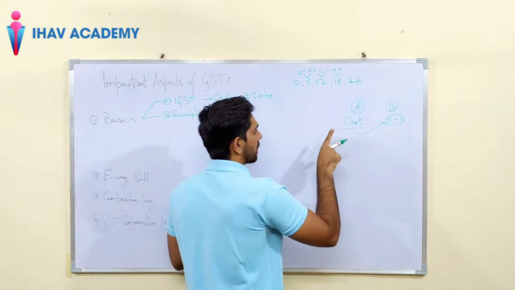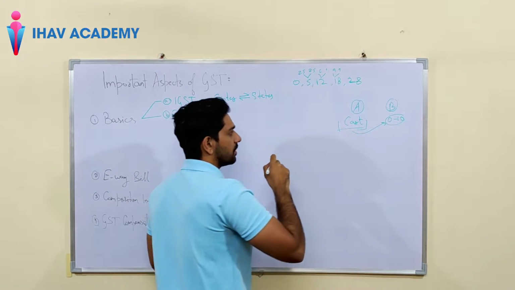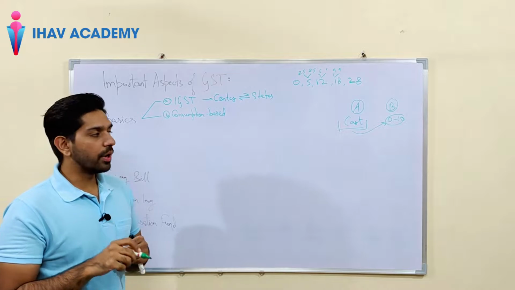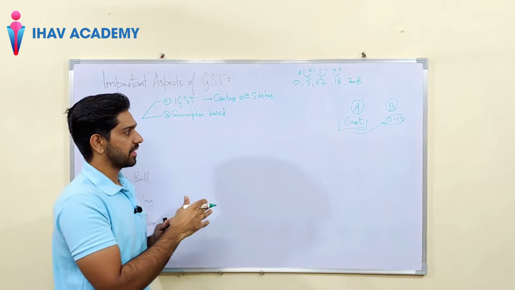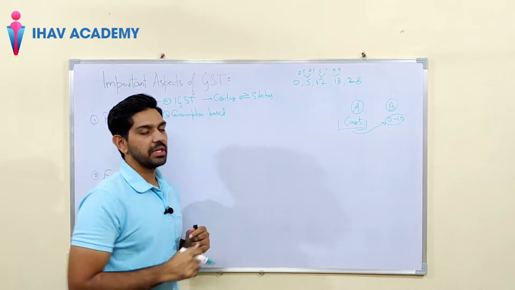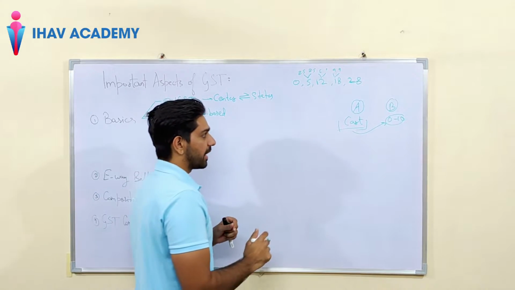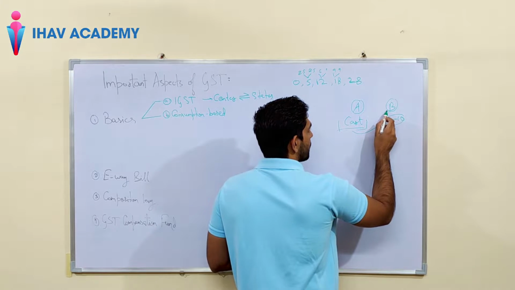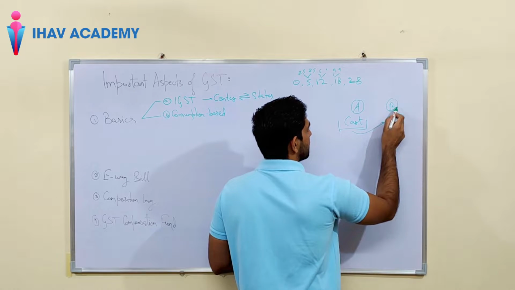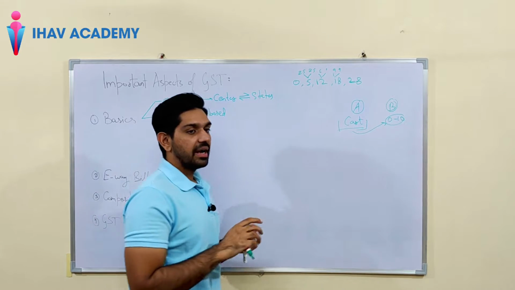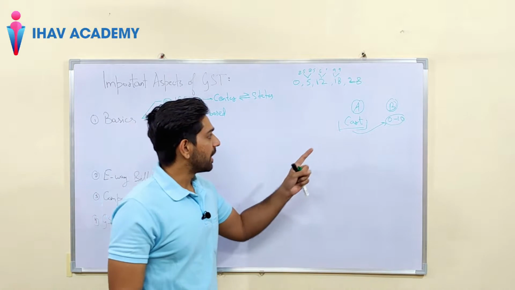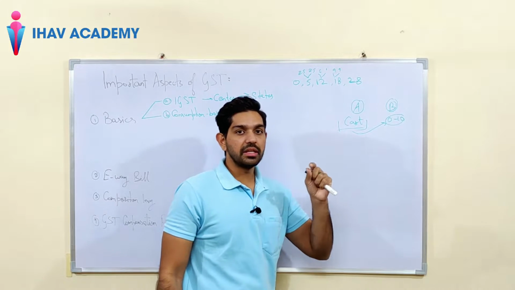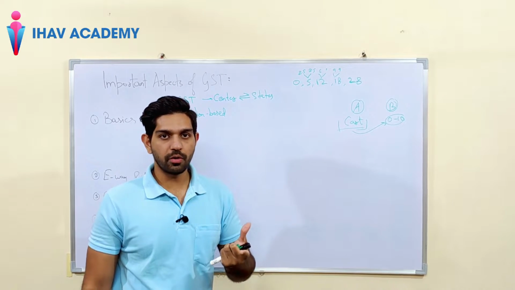As this cart is going to be sold in the state of B, it implies the consumers are residing in state B. And as the consumers are giving taxes, how are they giving? By purchasing this cart they are giving indirect taxes to the government.